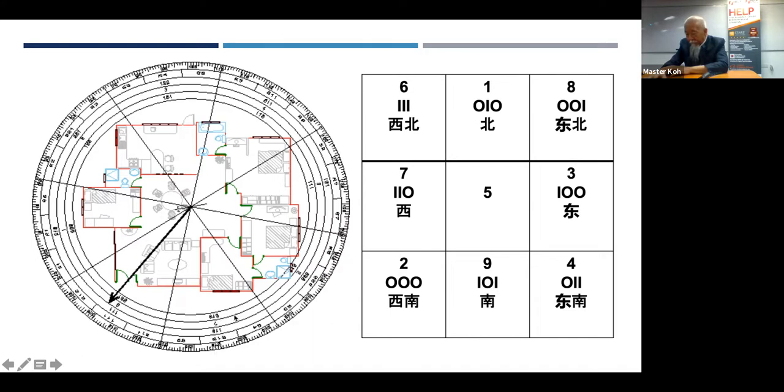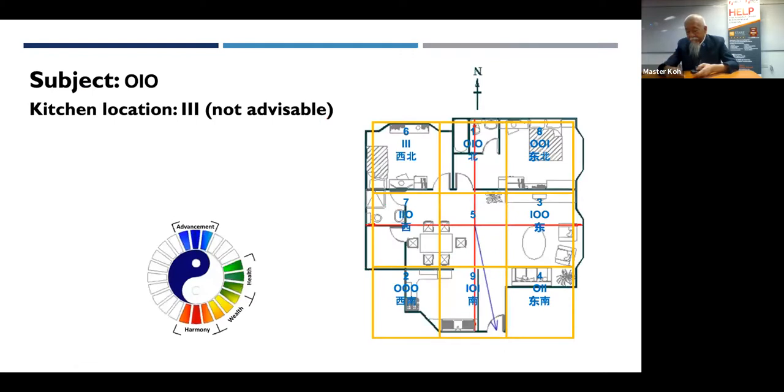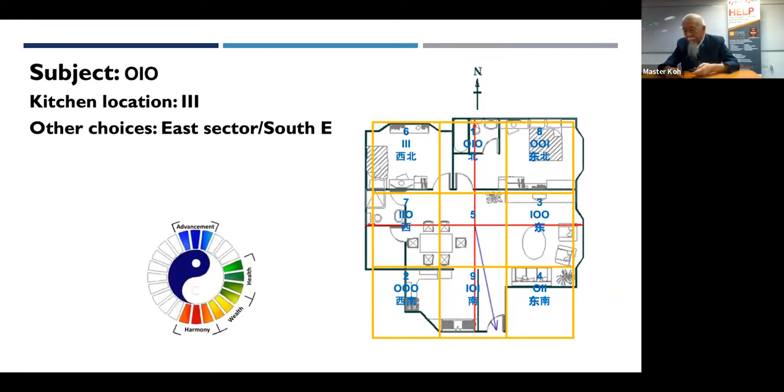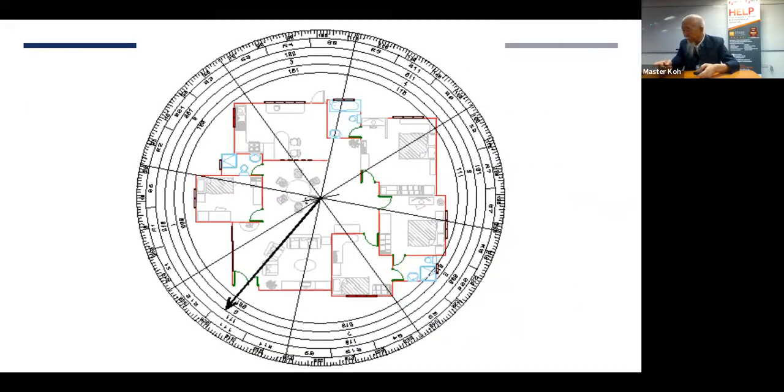Northwest is 1, 1, 1. You can see the number there. So therefore, just now remember we were talking about the door being northwest.